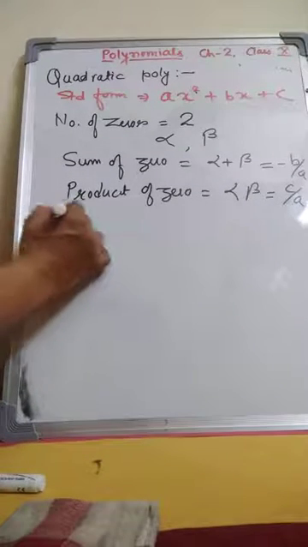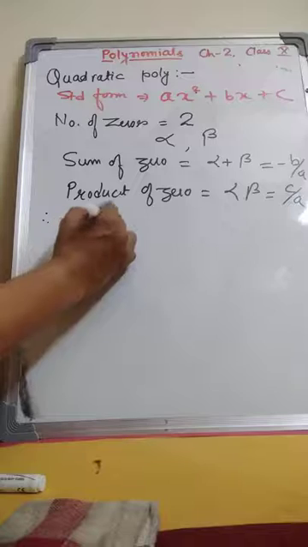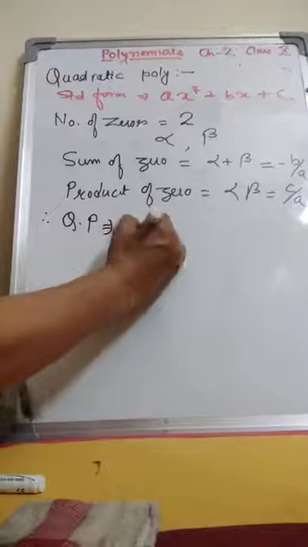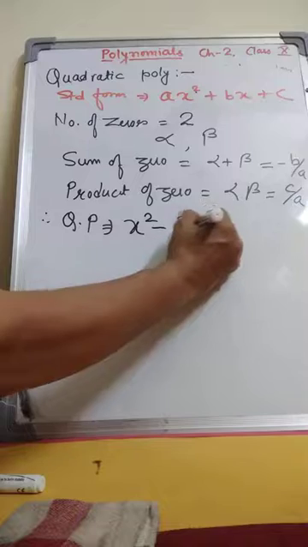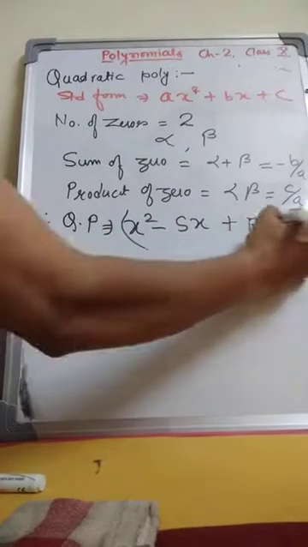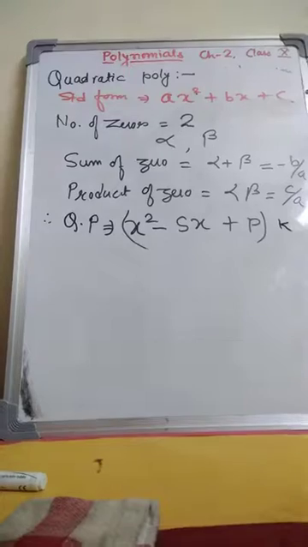Therefore, we can form a quadratic polynomial as x square minus sx plus p, into k, where k can be any constant.